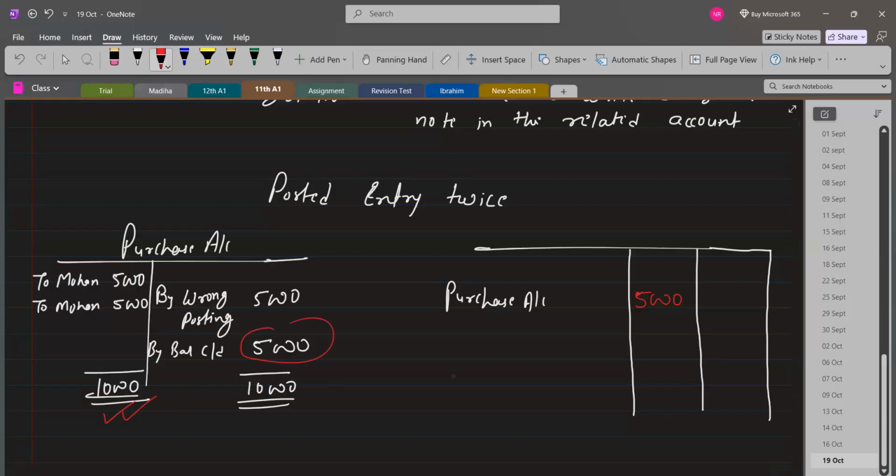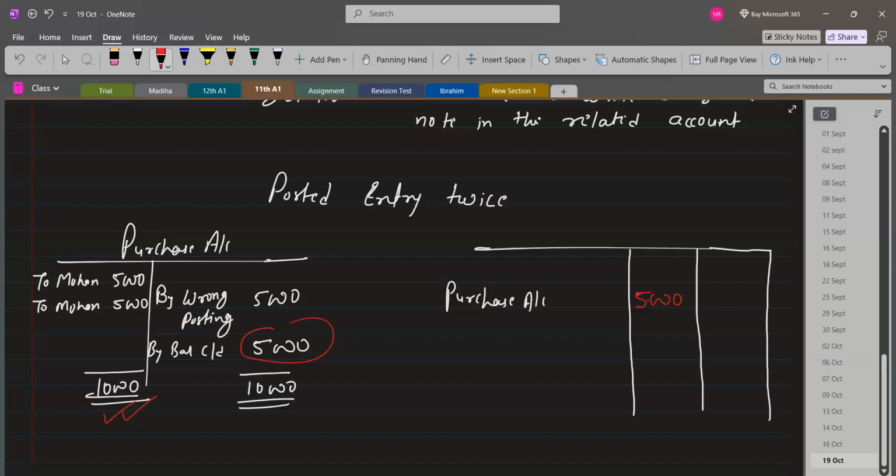Okay. So if we have done purchases of 5,000 in a month, for example, but if we write 10,000 after rectification, it will still be correct. If you write only 10,000, then your balance here will be 10,000. If you rectify it, then your balance here will be 5,000.